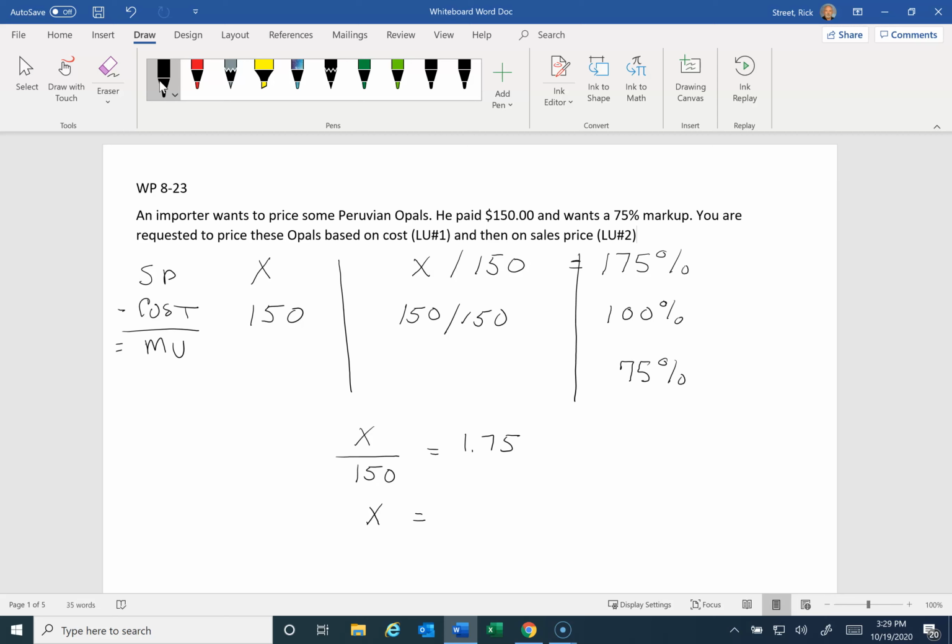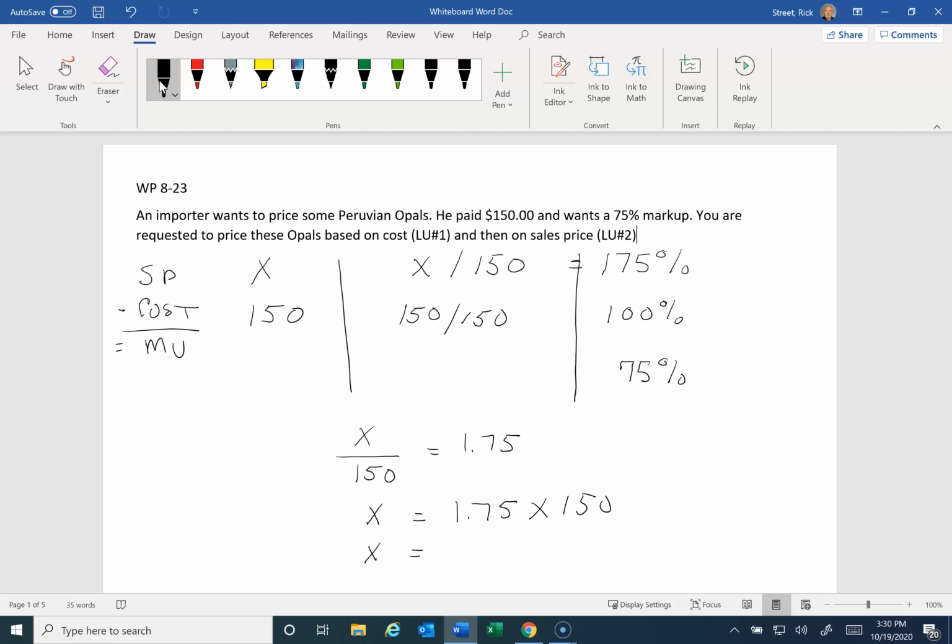We take the 150 and bring it up to the 175 and multiply it. Basically what we're doing in a math problem is multiplying both sides by 150, which zeroes out this 150 and then gives us the answer for X.